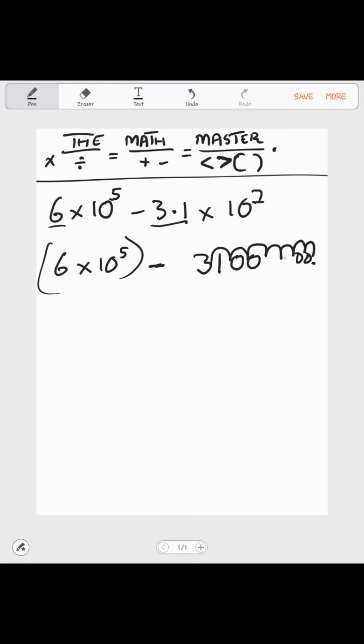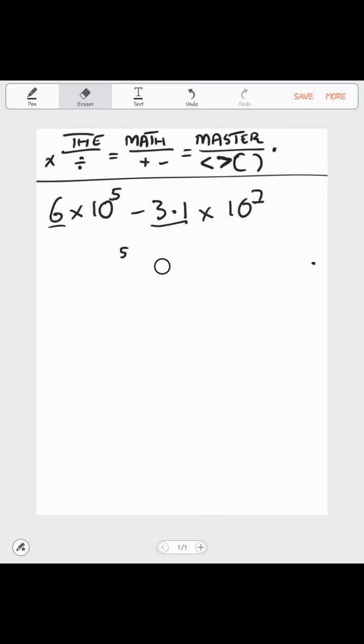The decimal was right here previously. Now to make it 5, we got 1 2 right here, so we can make it 3.1 into 10 to the power of 5. That's quite right. Alright, so we can shift the decimal over here, and we can easily write like that.